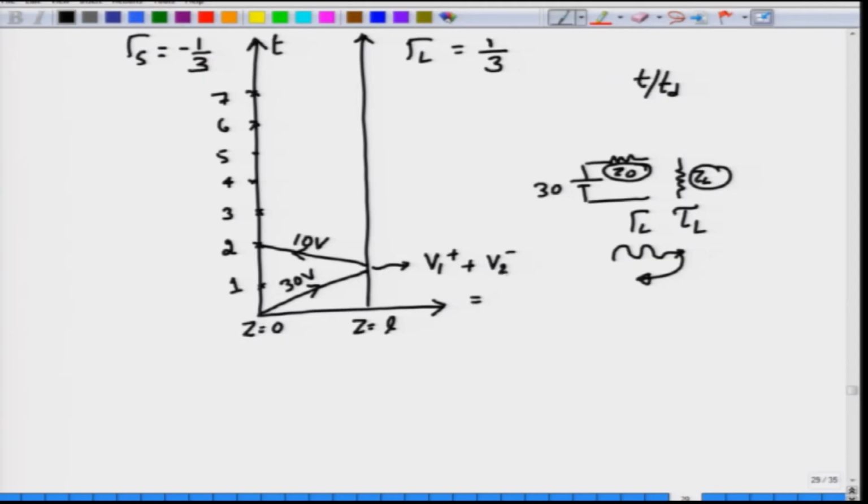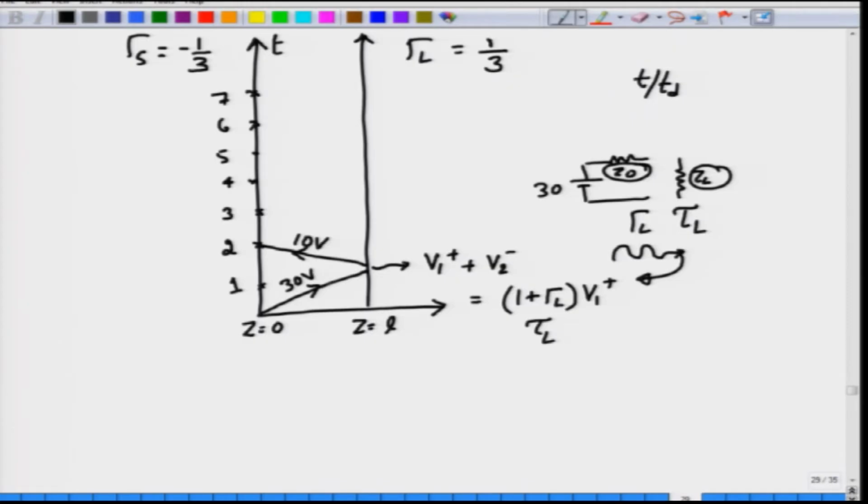However, V2 minus is actually equal to gamma L times V1 plus. So, we call this 1 plus gamma L the transmission coefficient tau L. You do not have to call it, I am just calling it because when you consider much more complicated cases, with multiple lines being joined in between, this transmission coefficient is a very useful quantity to shorten your calculations.